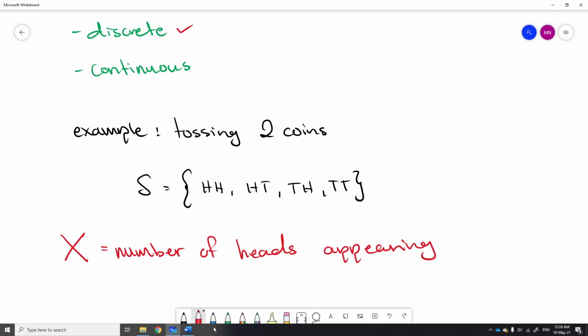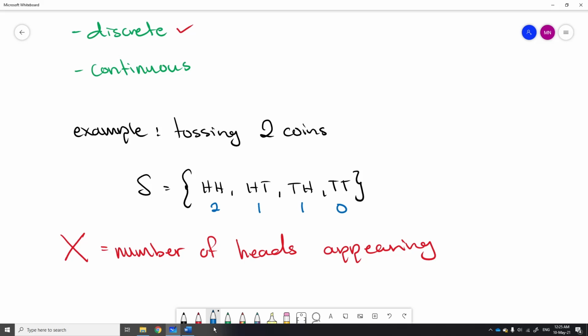Since x is equal to the number of heads appearing, let's focus on our sample space. How many times can the head appear in our experiment? Our first outcome is head head, so the head appears two times. Head tail has one head, tail head has one head, and tail tail has no heads, so the count is 0.